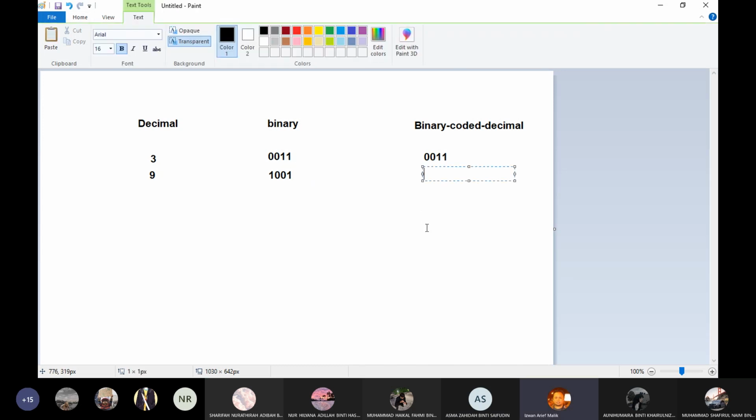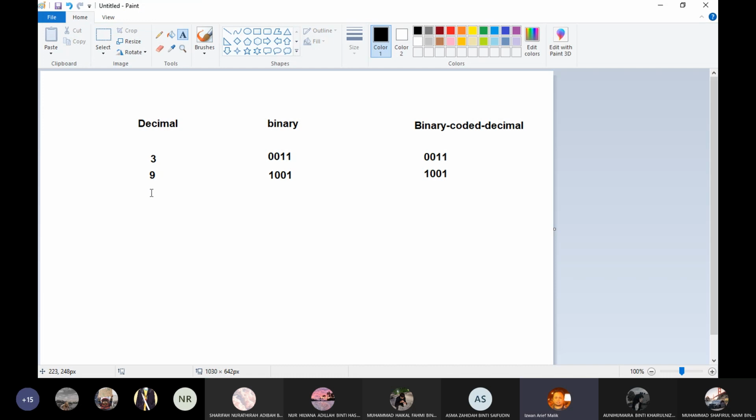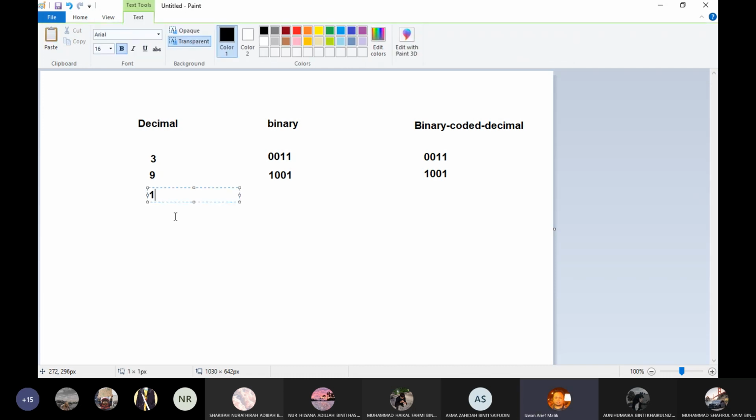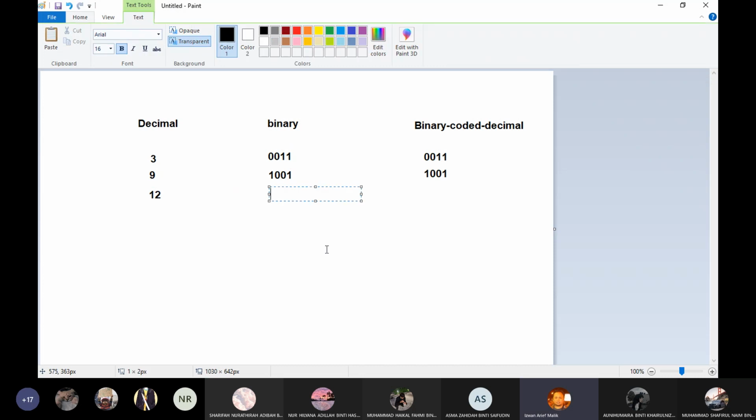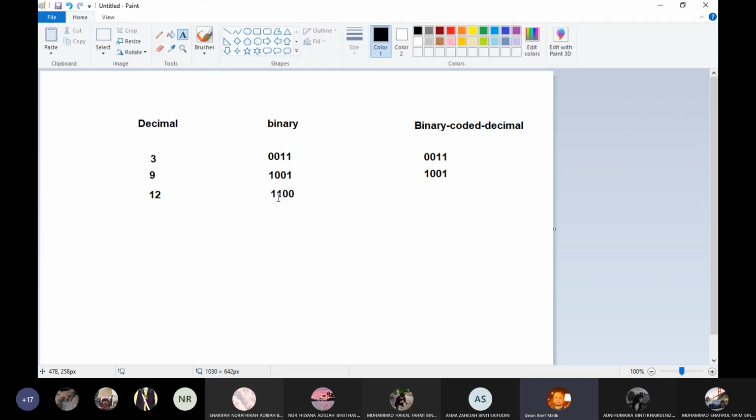Then in BCD, it is also 1001. Okay. Let's say we enter a slightly bigger number, number 12. Okay. 12 in decimal, binary is 1100. Okay, 8 plus 4 plus 0 plus 0, so 12.